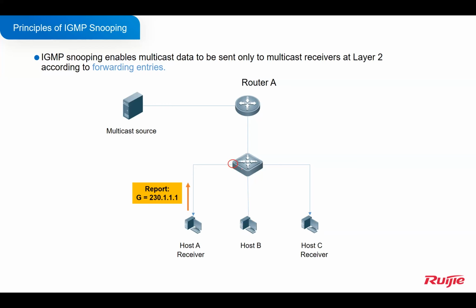After this, our switch receives this packet. At the beginning, the switch will determine for this group whether it has the MAC entry about this group. If I have, I will refresh the timer. If I don't have, I will generate the MAC table about this port and this group information.